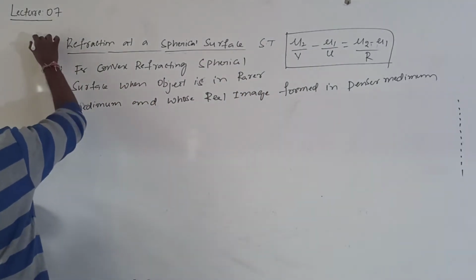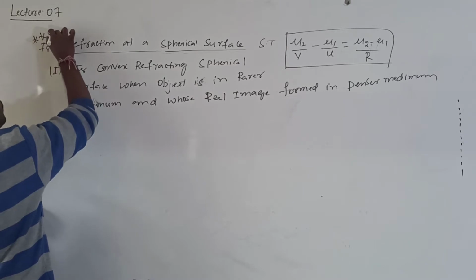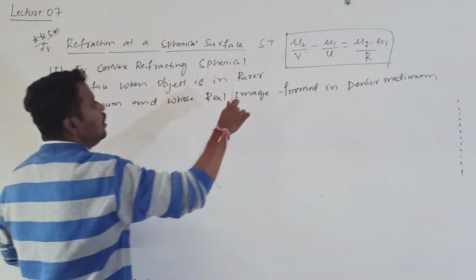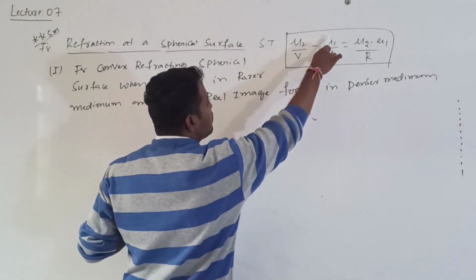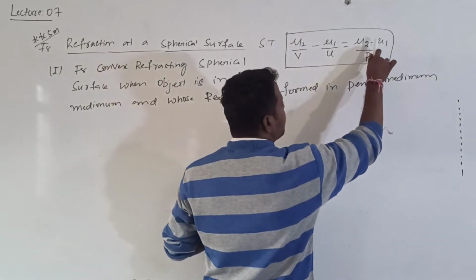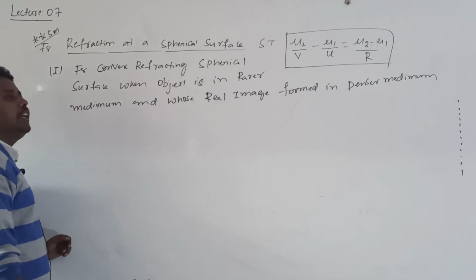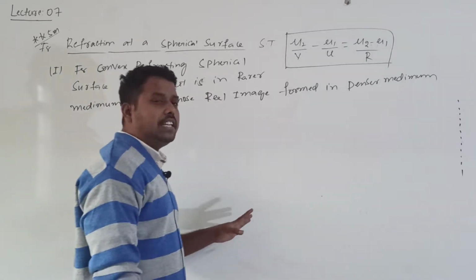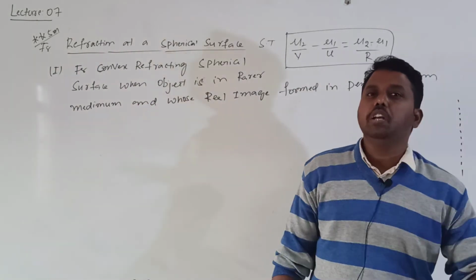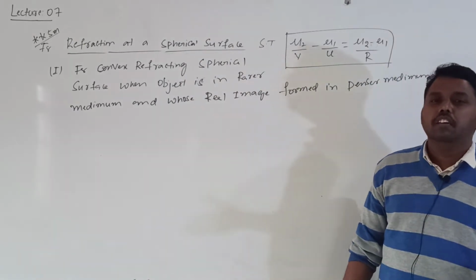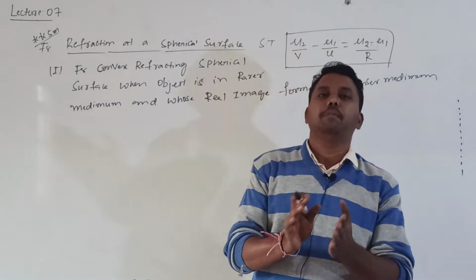This derivation is very important. For a spherical refracting surface, we need to prove that mu 2 by V minus mu 1 by U is equal to mu 2 minus mu 1 divided by R. Very important derivation. If this derivation is understood, then only you can derive the next derivation, which is of Lensmaker's formula.